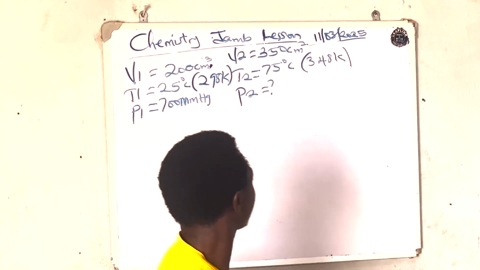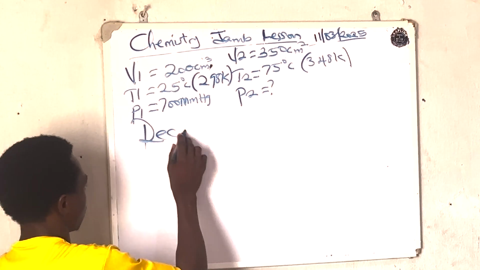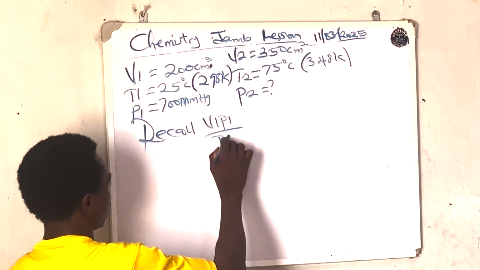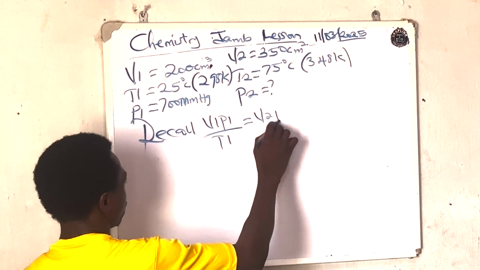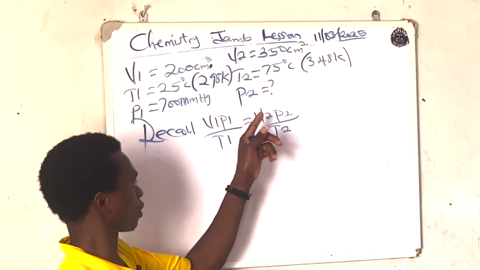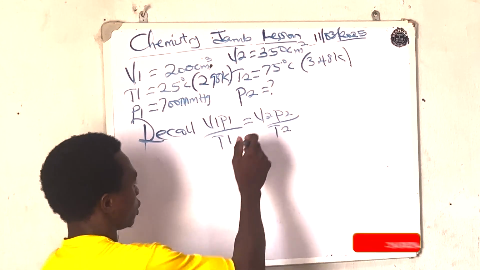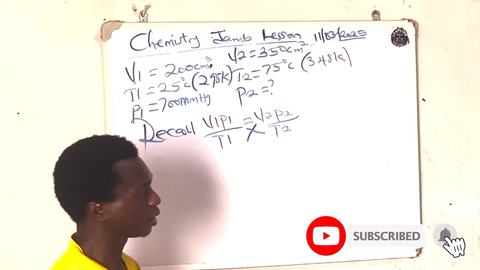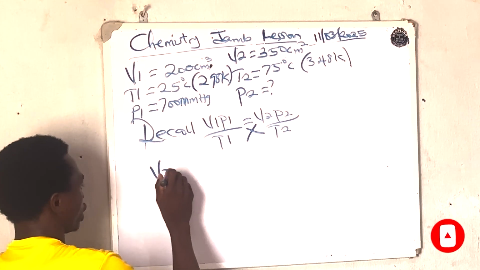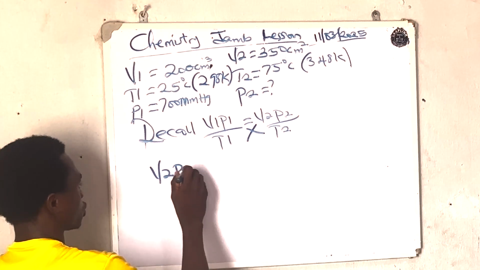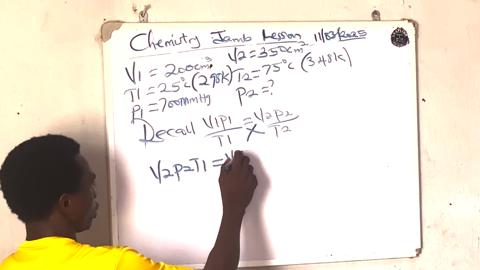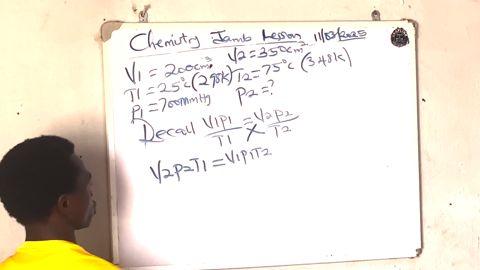Now, let's all remember that V1 P1 over T1 is equal to V2 P2 all over T2. Remember, our concern is P2. You need to cross multiply. When you do that, you're going to have V2 P2 T1 equal to V1 P1 T2.